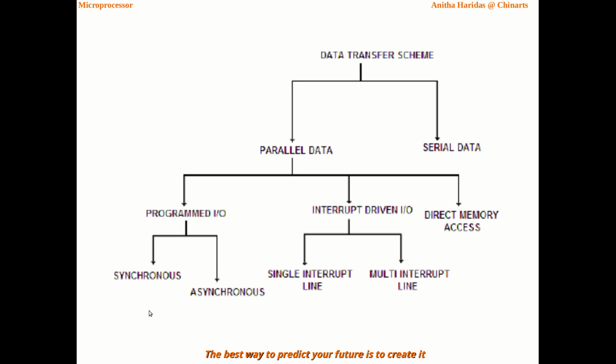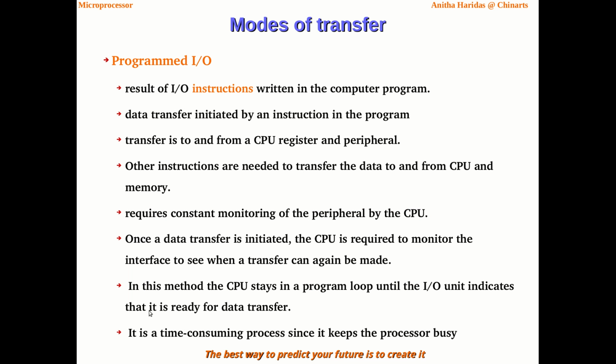In our previous video, we have discussed what is programmed input-output. And we have seen in the programmed input-output, the CPU has to stay in a program loop until the input-output unit indicates that it is ready for data transfer.